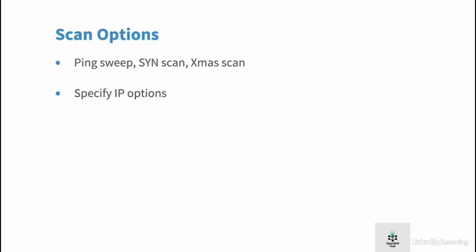With HPing3, we can do standard scans, such as a ping sweep, SYN-scan, or a Christmas tree scan. We can specify IP options, such as randomize IP source and destination address, along with other options, such as timing intervals and setting specific flags.